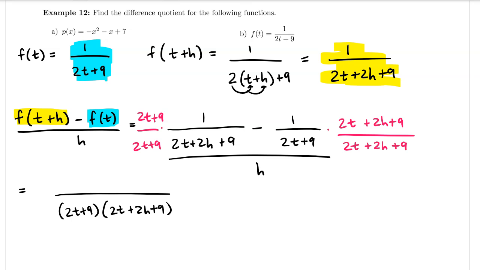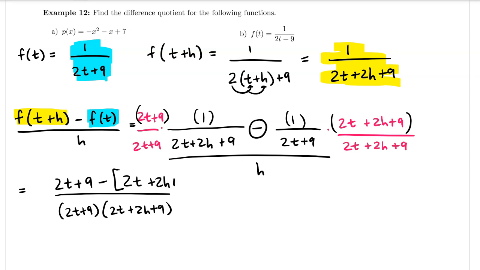I do want to multiply 2t plus 9 times 1, and that's just going to give me 2t plus 9. Then I have this minus here, and multiplying 1 times that 2t plus 2h plus 9 will just return that. So I have 2t plus 2h plus 9. Please do not forget your brackets, and then in the denominator I have an h.